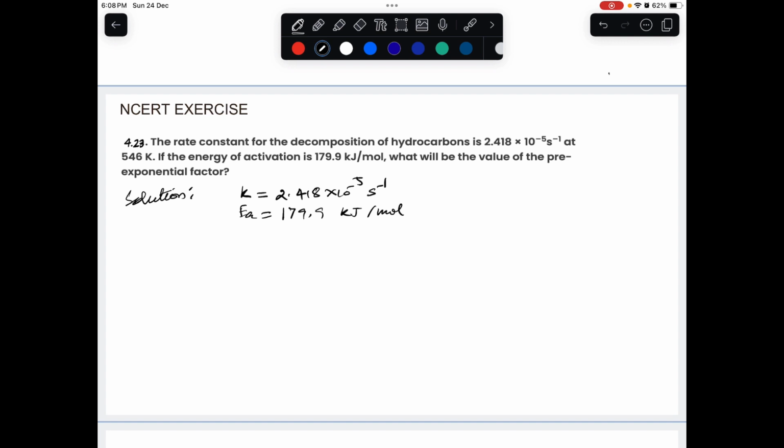We have to find out the pre-exponential factor, and the temperature is 546 Kelvin.